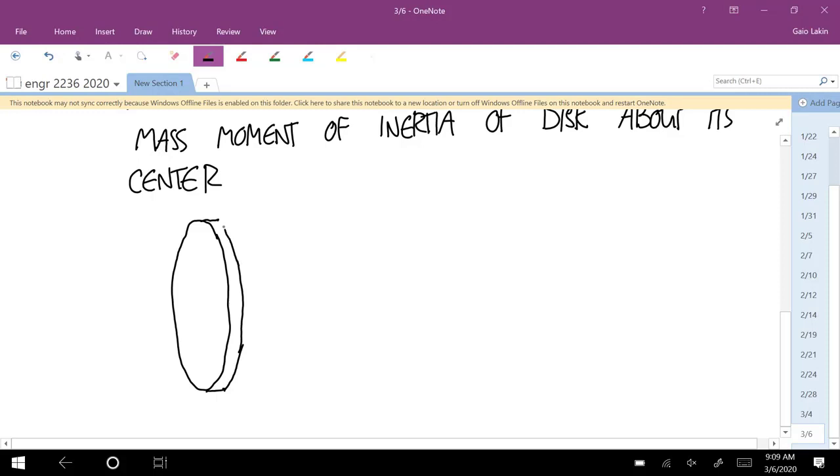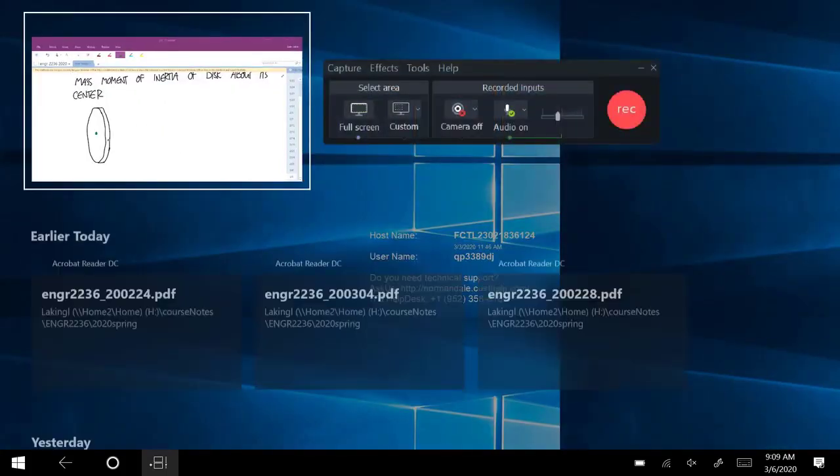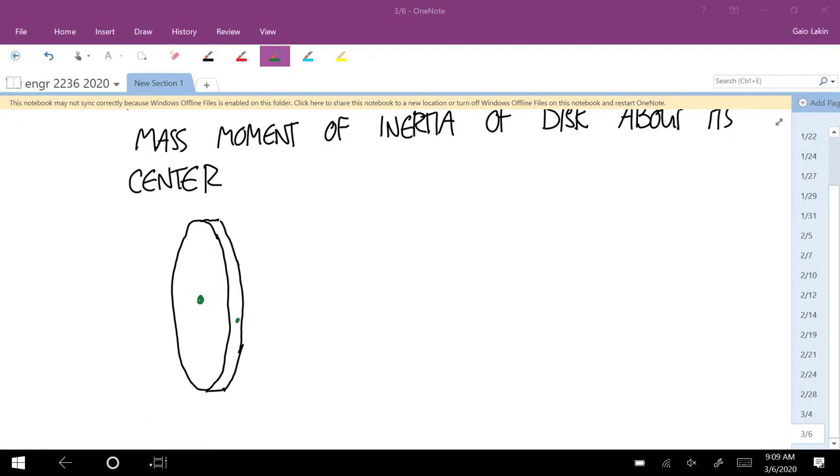Even though we're doing two-dimensional problems, you can have rotations about multiple axes in two-dimensional problems. So like, for example, the one that I'm going to do first is a rotation of this disk about this axis. Okay, let's call that the z-axis.